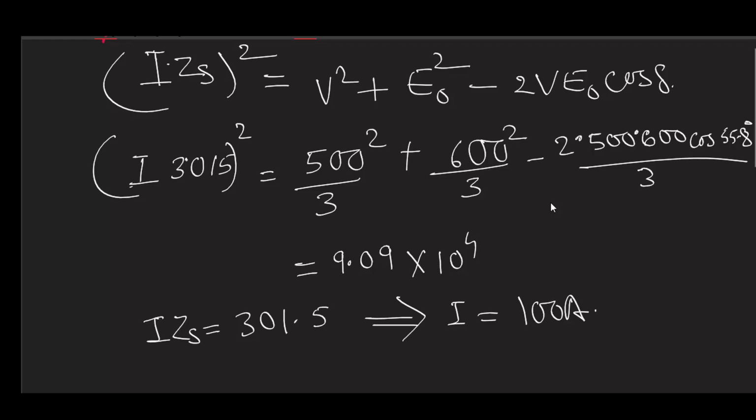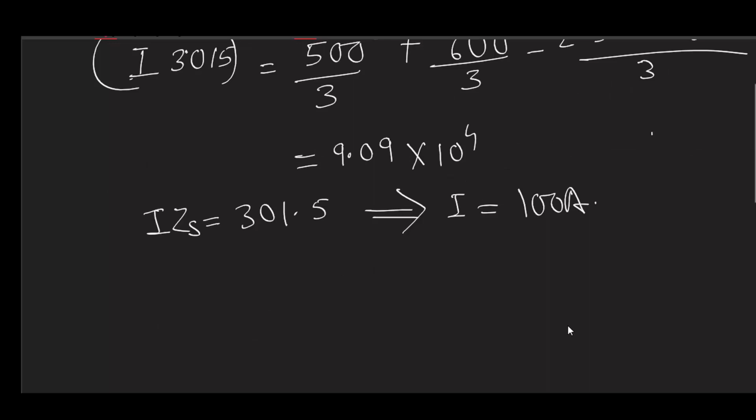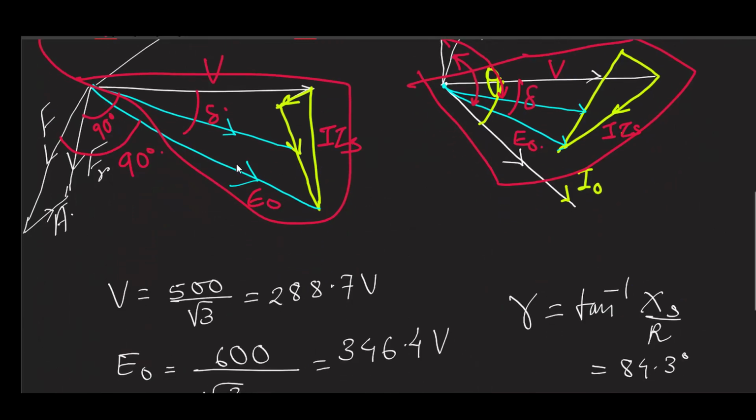Now, if I is 100 ampere, then in this phasor diagram, what we can see is that this E naught cos delta minus V is equal to what?